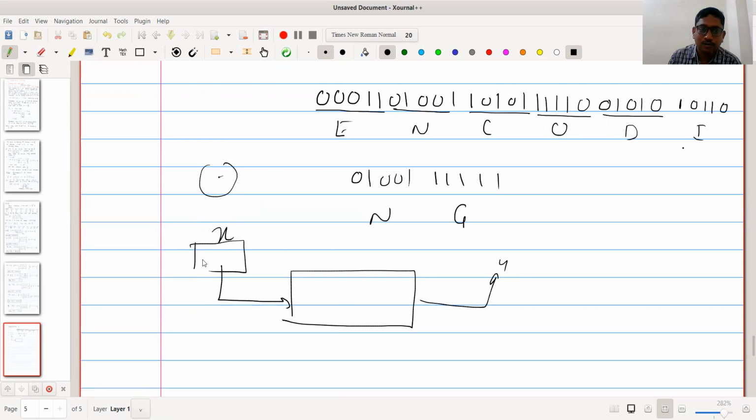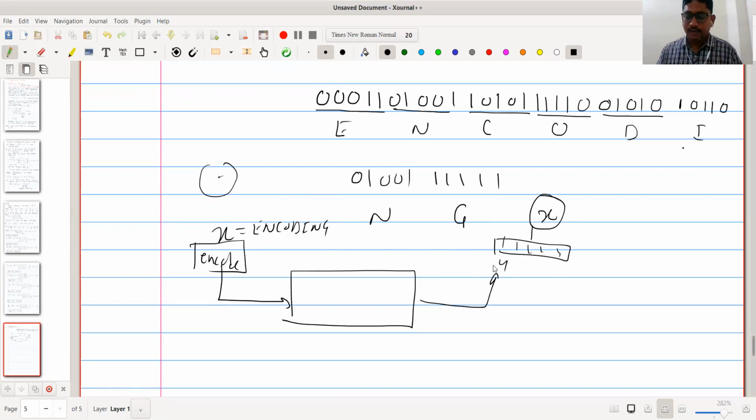Any message can come like this, and you have to properly detect what message was sent by using some decoding methods. Finding that the same X was sent, that process is called decoding. That we'll see in the later class.